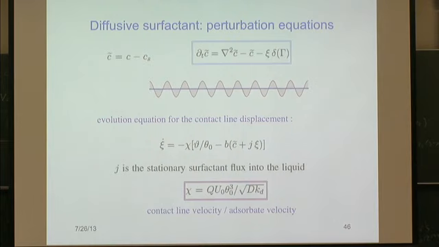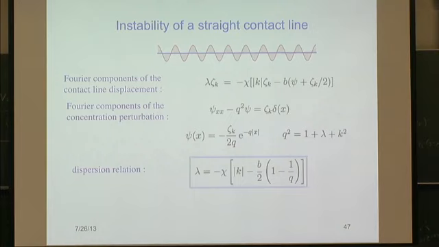And then we have here concentration and the equation for the displacement of the contact line, which is what we had before, and which also includes the concentration flux inside the droplet, and we obtain the instability of the contact line, which I showed before.